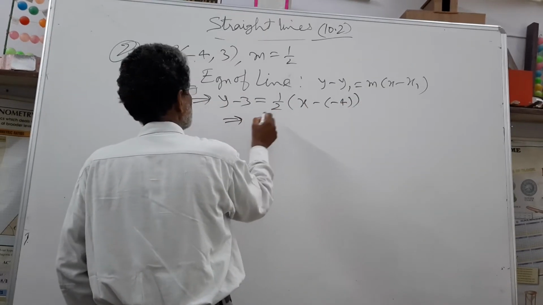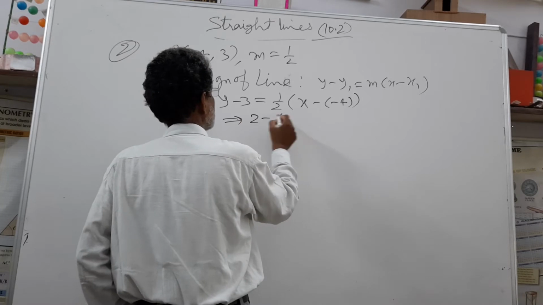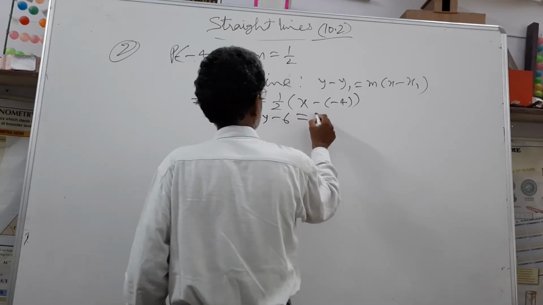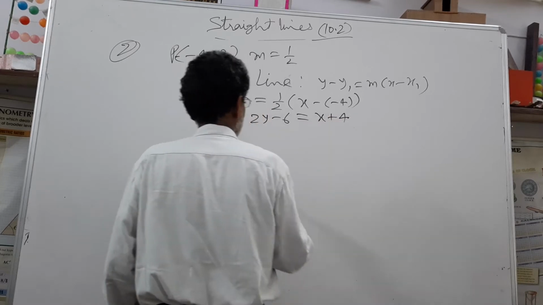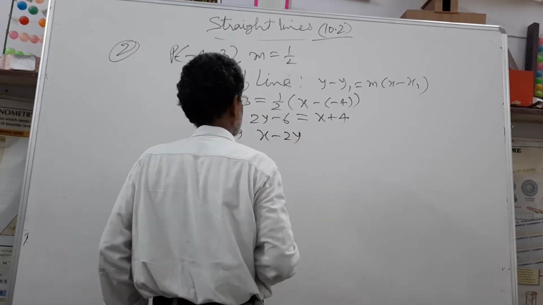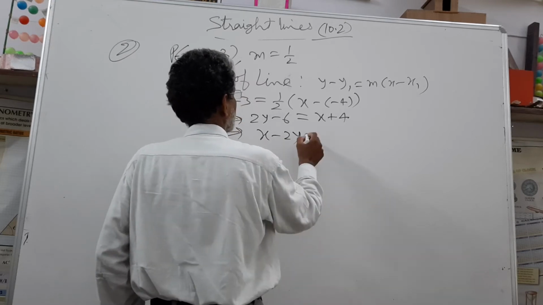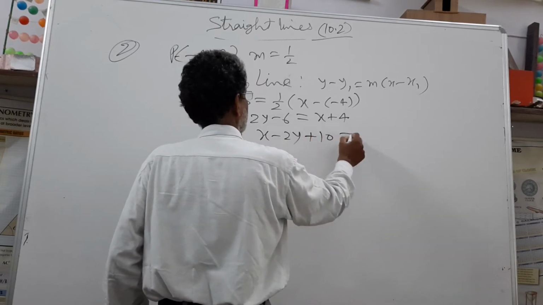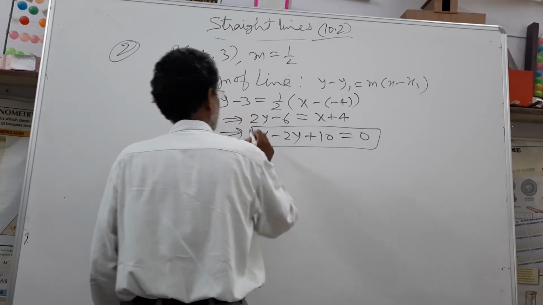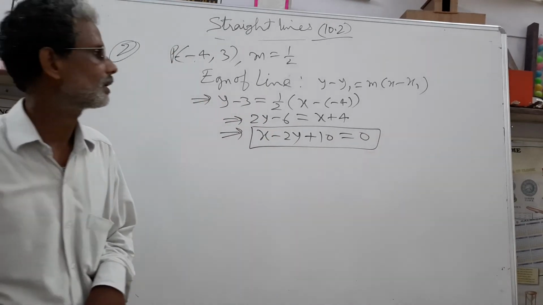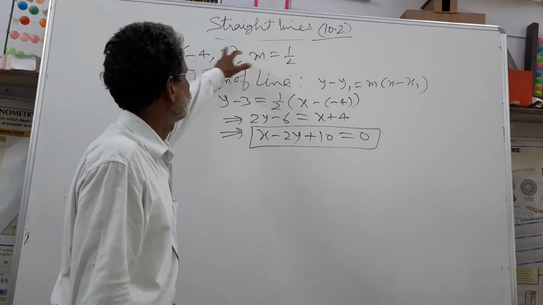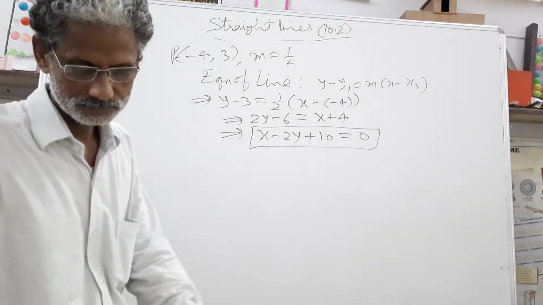This implies 2y minus 6 is equal to x plus 4. This implies x minus 2y plus 10 is equal to 0. This is your required equation of a straight line passing through this point with slope half.